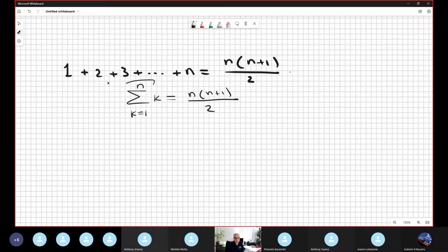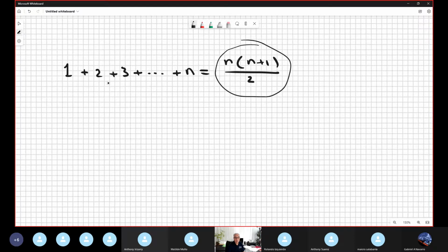This is summation notation, this is the expanded form, and it's equal to that formula. So basically, I am now using mathematical induction to prove this formula. It is equivalent to the summation of the first natural numbers.